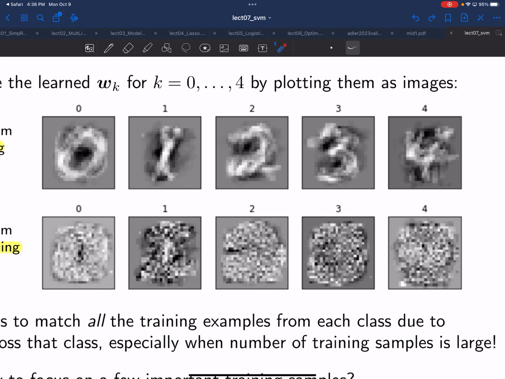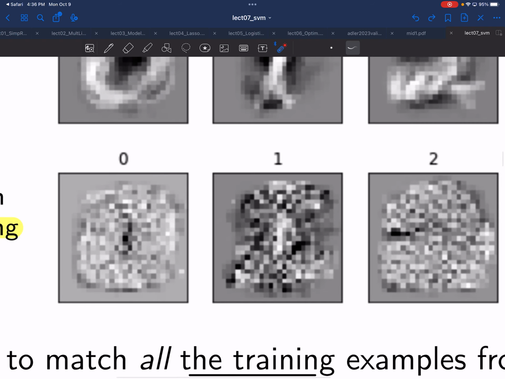Based on those 10,000 training images, it's somehow determined that to detect a 0, it's important to have this little white spot here, probably because some training image for a 0 had a little white spot there. And maybe it makes sense that there would be a dark one in the middle, because probably all the 0s had nothing right in the middle. But why is this dark and why is just right next to it light?